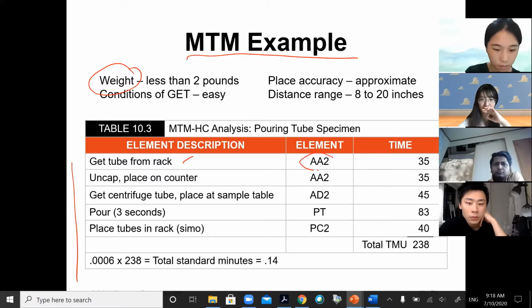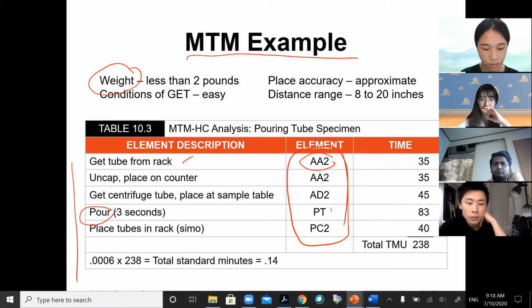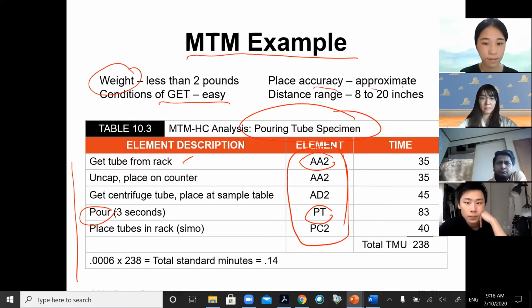So these are all the elements from different tables. This is pour, so they call it PT. Get tube, uncap. This is pouring tube specimen. Less than 2 pounds, condition of get easy, place accuracy approximate, not accurate, distance range 8 to 20 inches.